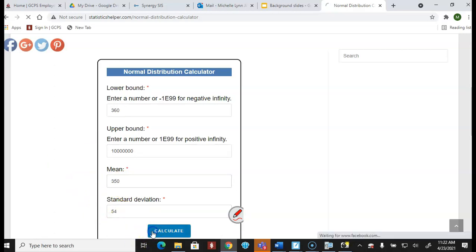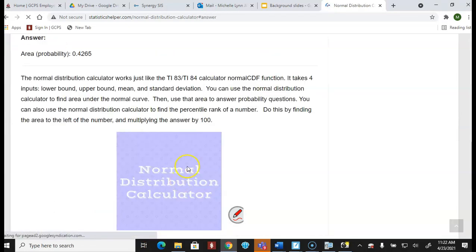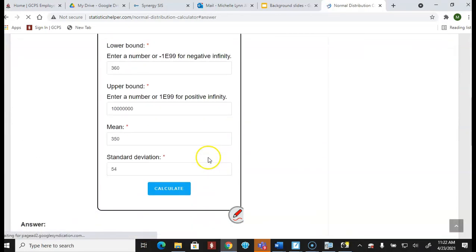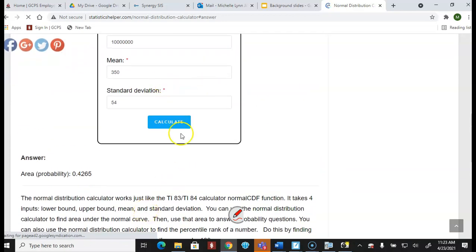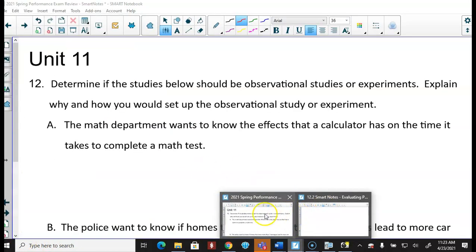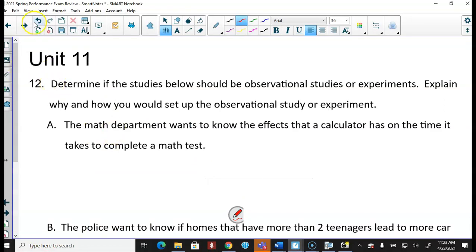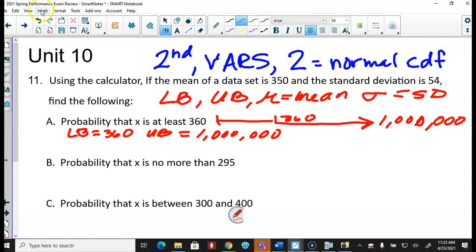Then we click calculate, scroll back up, and notice it gives us the same number we had before, okay? And remember, when we write our answer for this, we're going to write it as a probability, which is the decimal, and we're also going to write it as the percentage. So let me go back into our screen where we were.